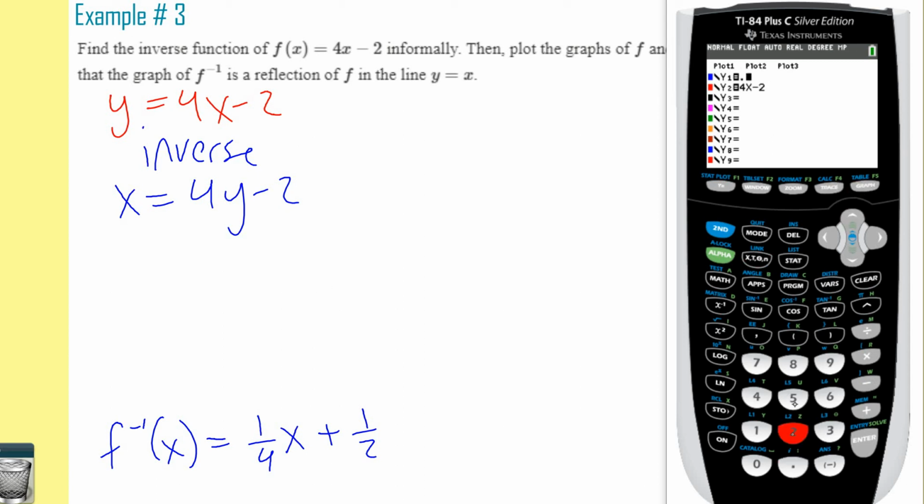Just because decimals are easier and exact here, I'm going to write it this way. So now we can graph it. We have our inverse line there, and the red line is our original. So our original and our inverse.